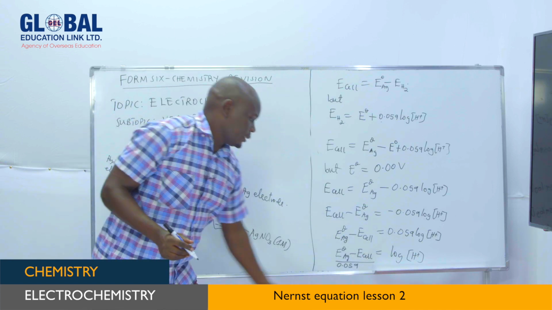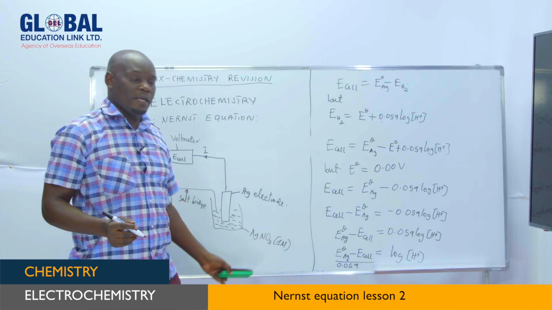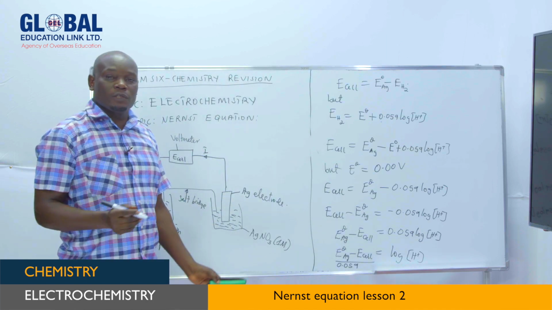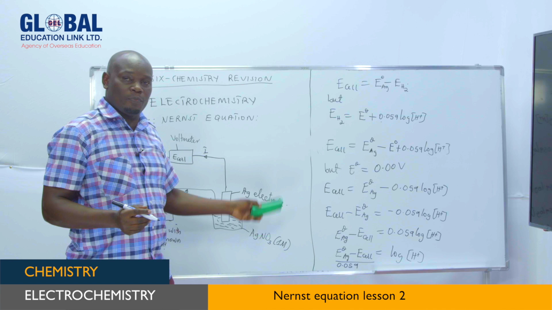Now from that equation, let us multiply by a negative sign on both sides so that you can get the negative log of concentration of hydrogen ions, which will be our pH.